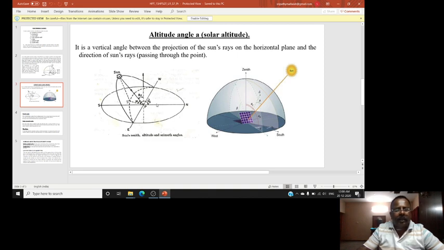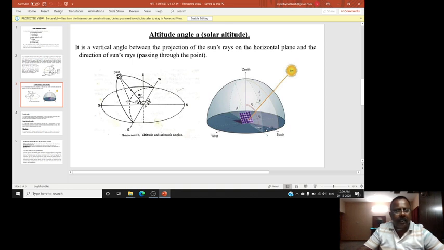Next one is the surface azimuth angle. That is plane gamma, as you can see here in this case. It is the angle made between the horizontal projection of the normal to the tilted surface and the due south line, measured in the clockwise direction.